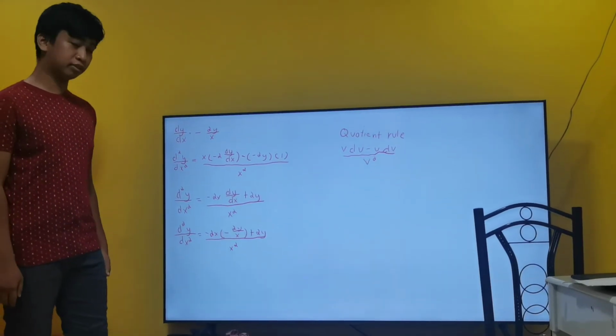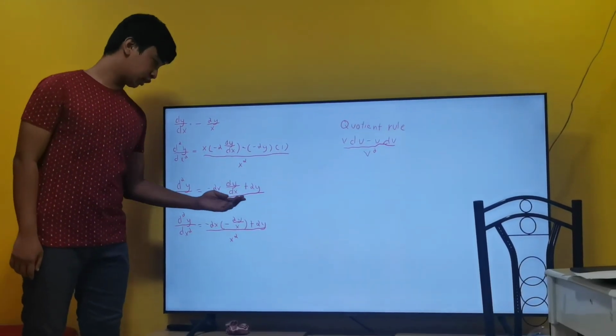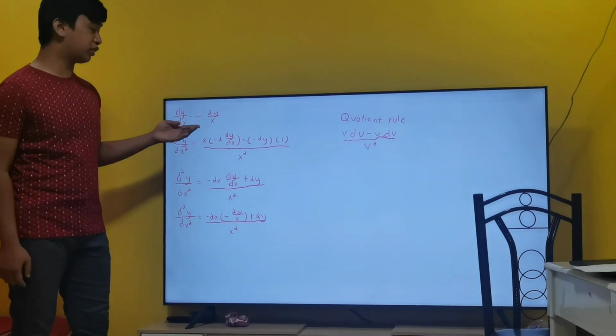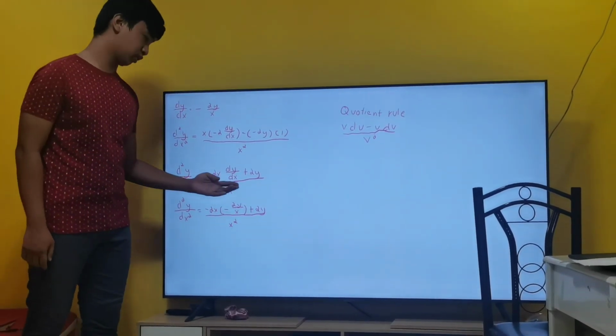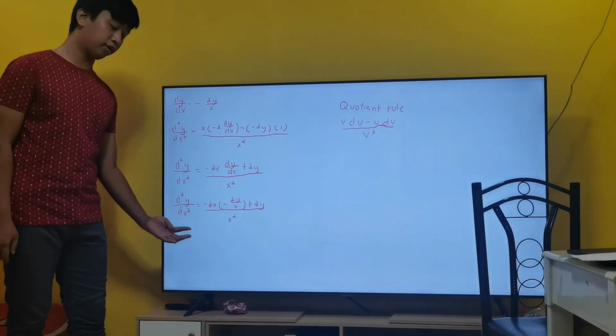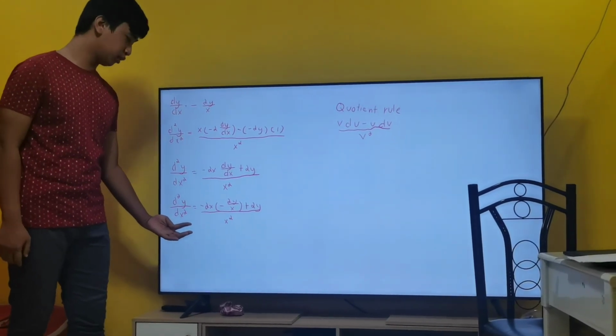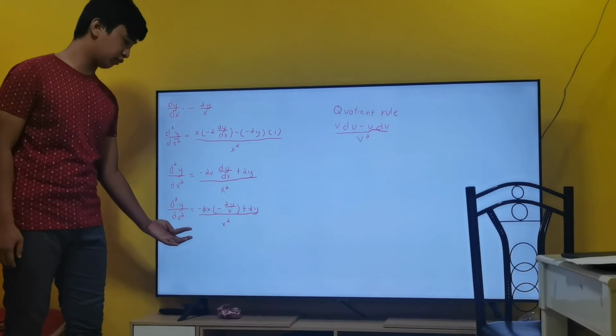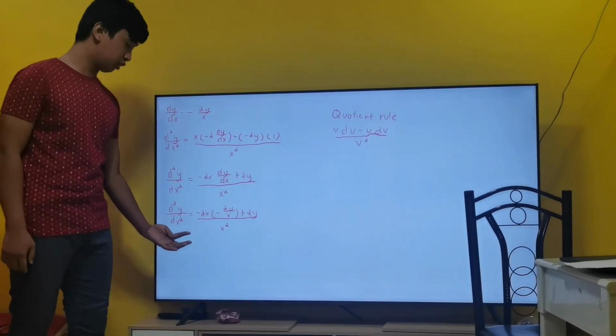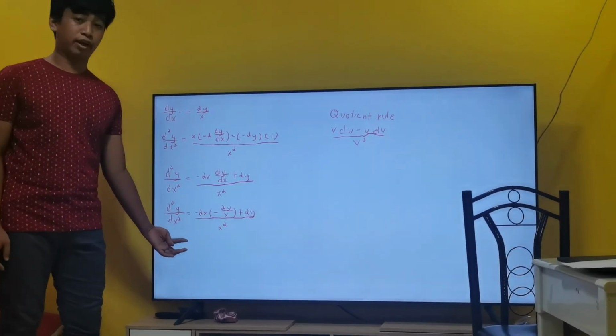So for our next step, we'll just substitute the value of dy over dx in here. So it will become d squared y over dx squared is equal to negative 2x times negative 2y over x plus 2y over x squared.